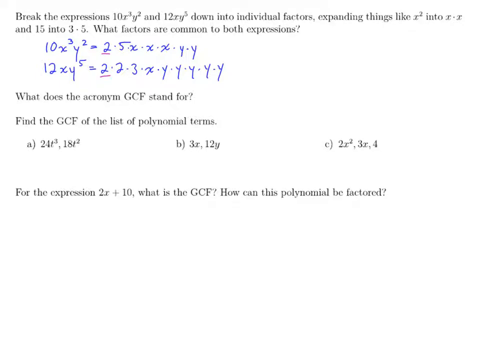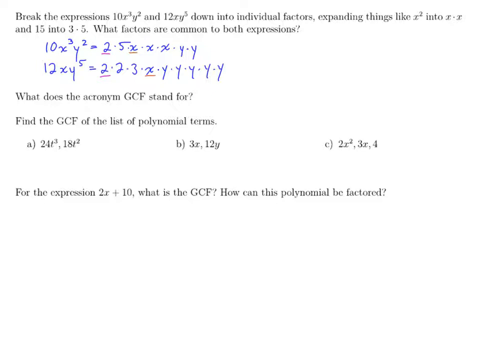Now, if I look at what factors are common to both expressions, I can see that numerically the factor of 2 is common to both, and as far as variables go, I have a factor of x, but just once, common to each of them. In the first one I have 3 factors of x, but in the second I only have a single factor of x. So only one factor of x is common to both of those expressions. Lastly, I'll look at the factors relating to y.